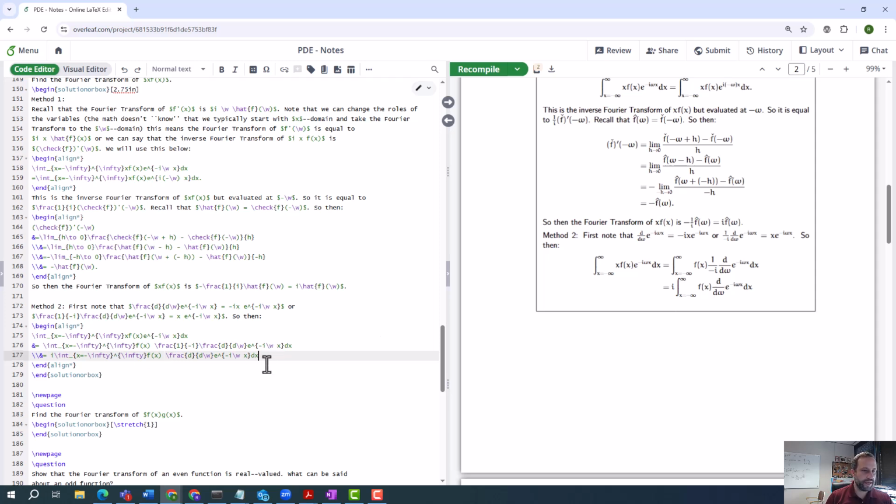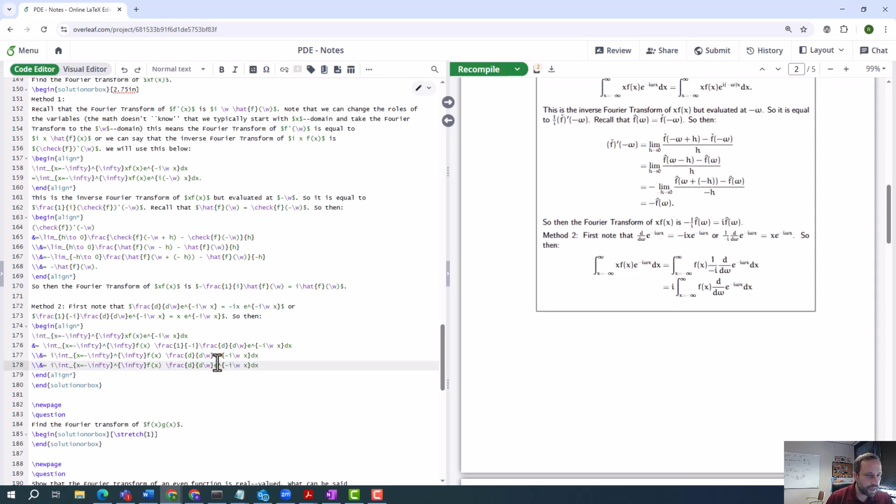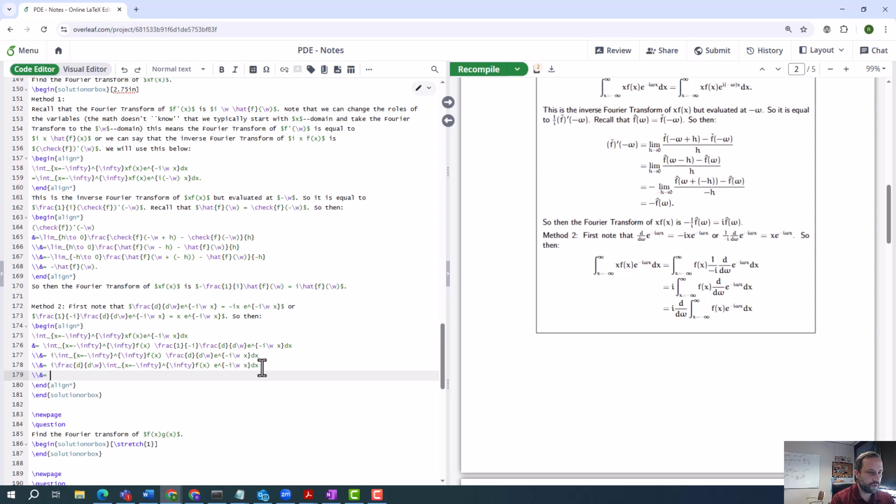I'm just going to move this derivative sign outside. This integral right here is the Fourier transform of f, and now we're taking the derivative, and so this is just equal to i times the derivative of the Fourier transform.